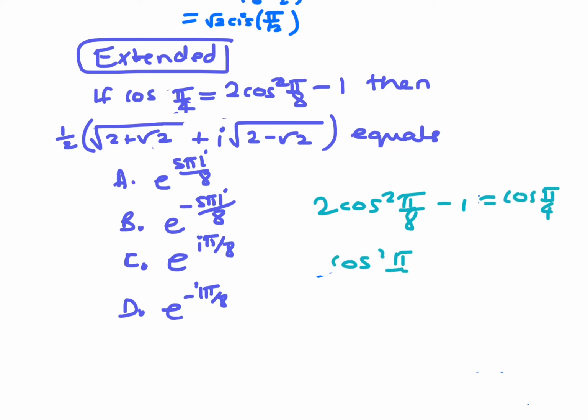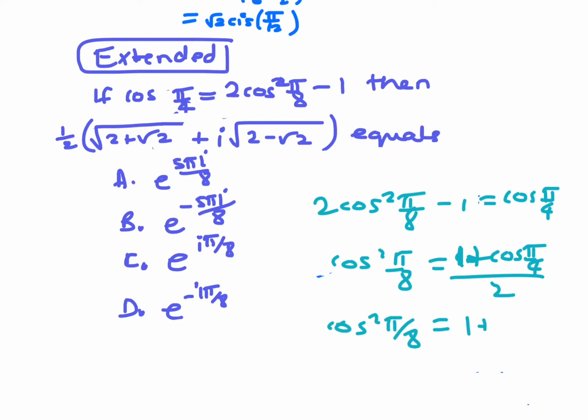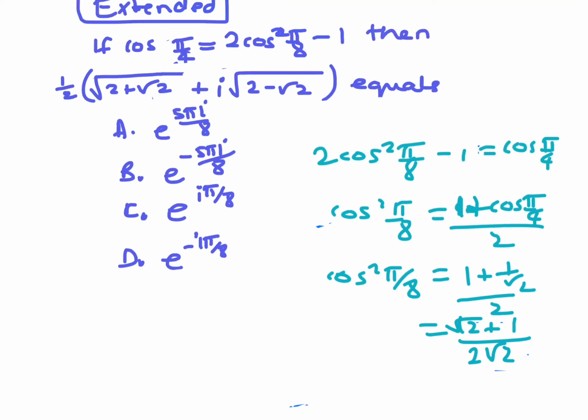That means cos squared pi on 8 equals 1 plus cos pi on 4 on 2. So cos squared pi on 8 equals 1 plus 1 on root 2, all on 2, which is root 2 plus 1 on 2 root 2.